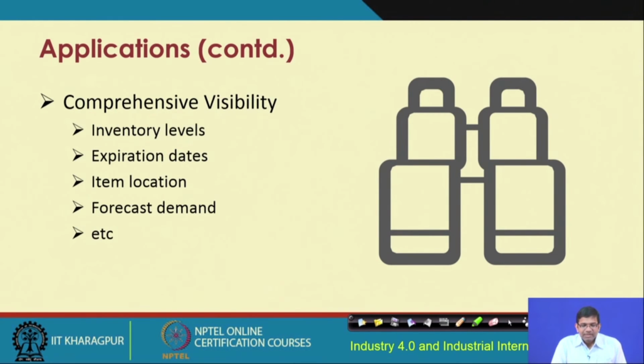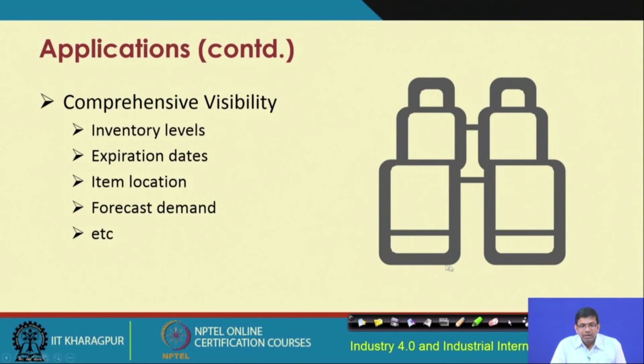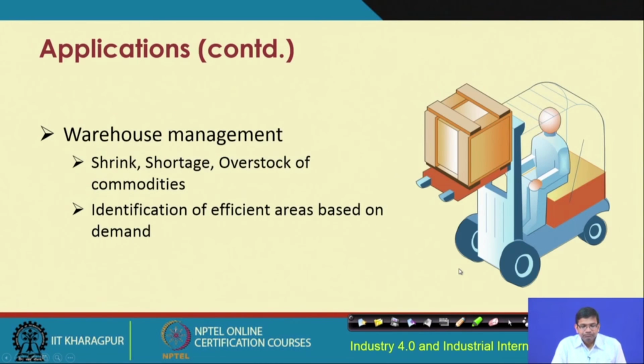Getting comprehensive visibility, inventory levels, getting an idea about the expiration dates, item locations, and demand forecasting. So basically, if in the future you are going to get more demands, then how much is the stock. These are applications of IIoT in the inventory management and control sector, particularly using RFIDs.